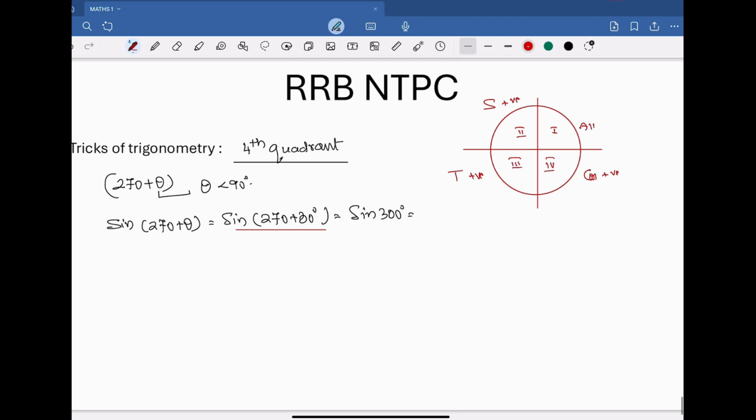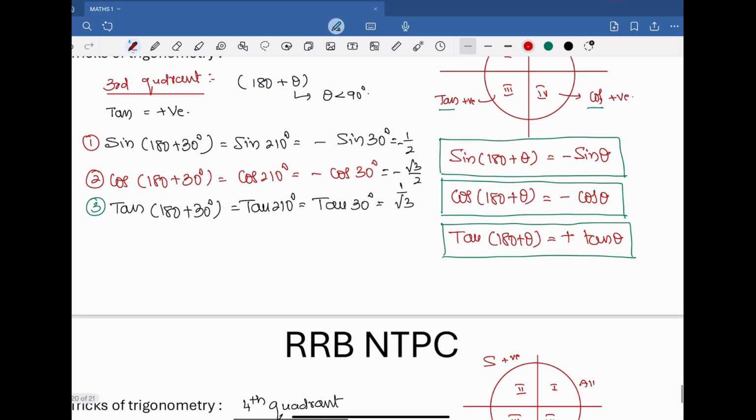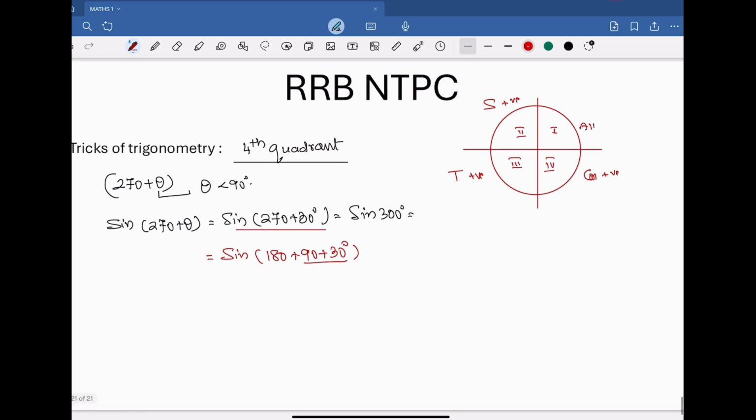Sin 270 plus theta is nothing but sin 180 plus 90 plus 30. 90 plus 30 you keep aside, 180 plus something. Sin 180 plus theta is equal to minus sin theta. That means this will be minus sin 90 plus 30.